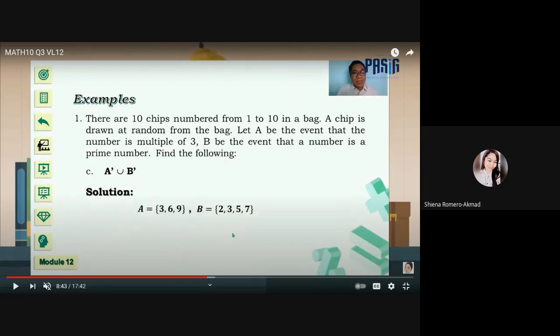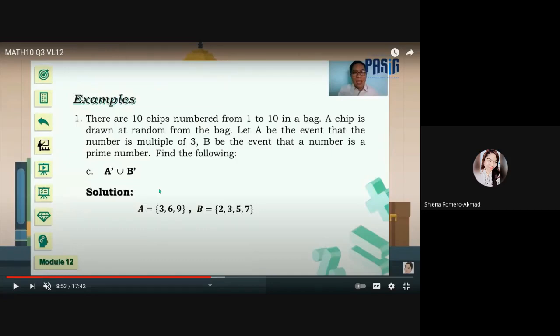How about for A complement? Let's have A complement first. Ano yung mga numbers na wala sa A, from 1 to 10 ha? 1, 2, 4, 5, 7, 8, tsaka 10. Okay.